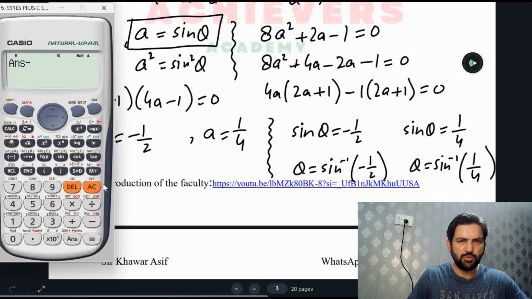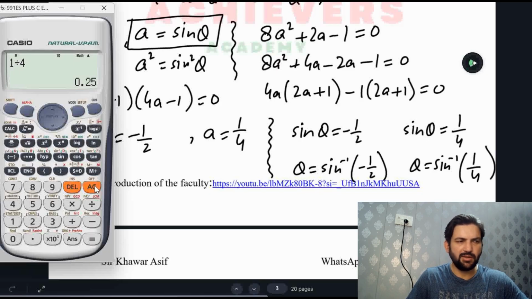Minus 1 divided by 2 is a terminating number. But let's check the other one, 1 divided by 4. By the way, this will be out of range.